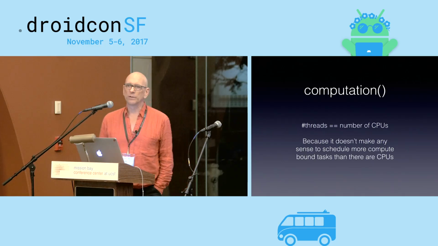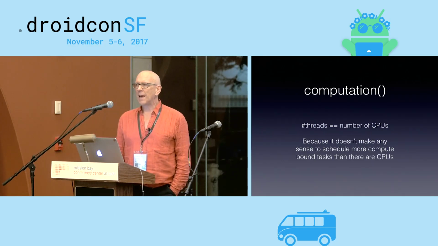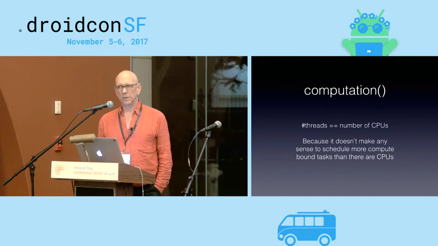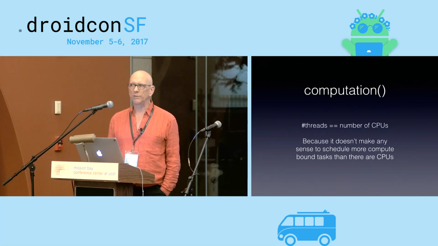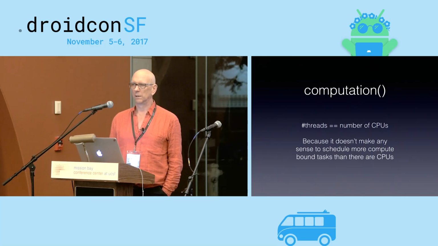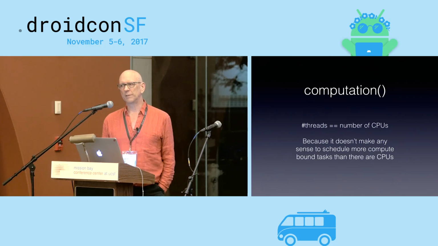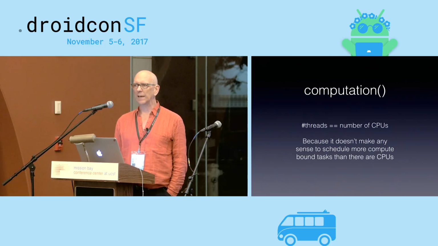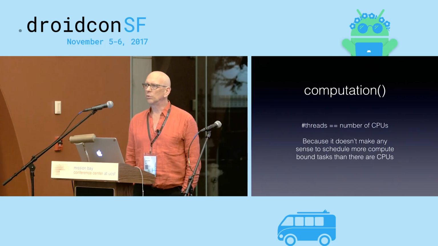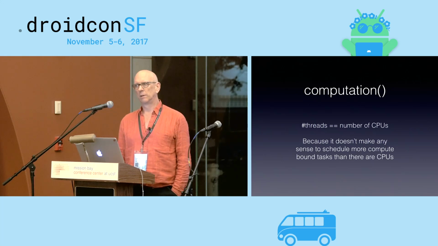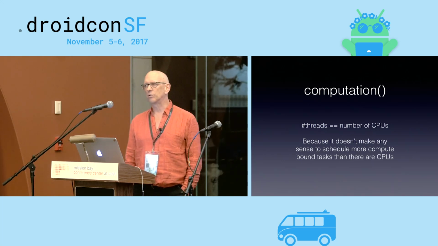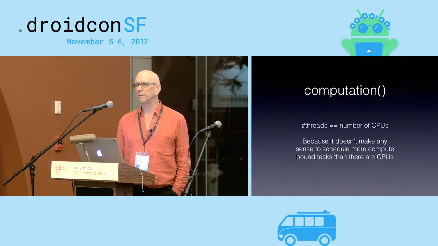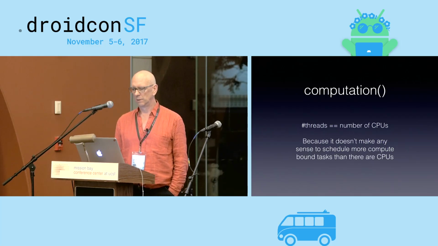The computation scheduler has exactly as many threads as there are CPUs. The reason for that is, there's no reason in the computation thing to represent waiting. Either you can compute it or you can't. However many CPUs is how many computation tasks you can run at once, and it doesn't make any sense to schedule more than that.